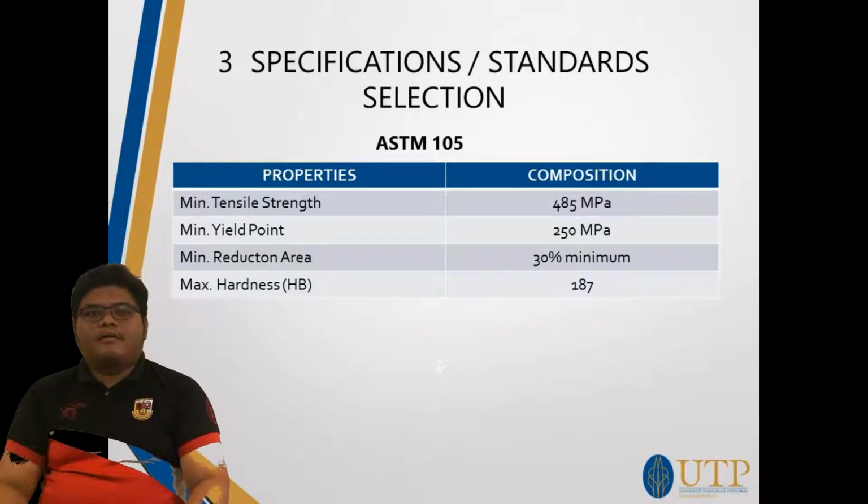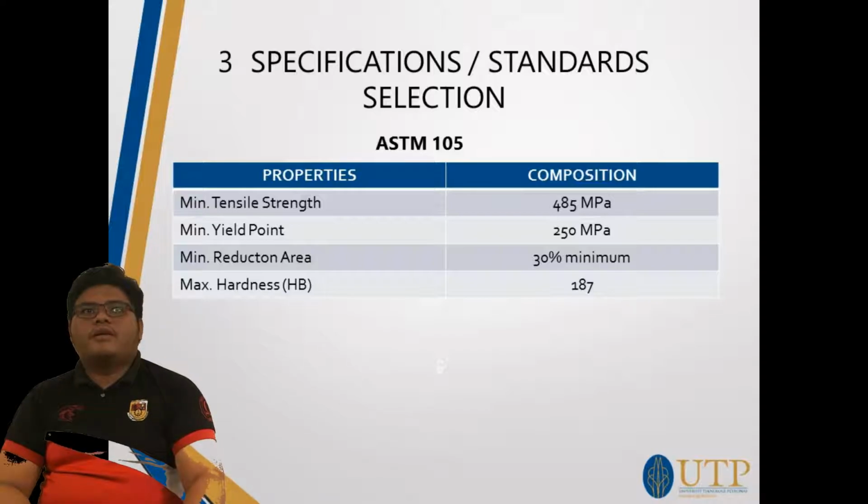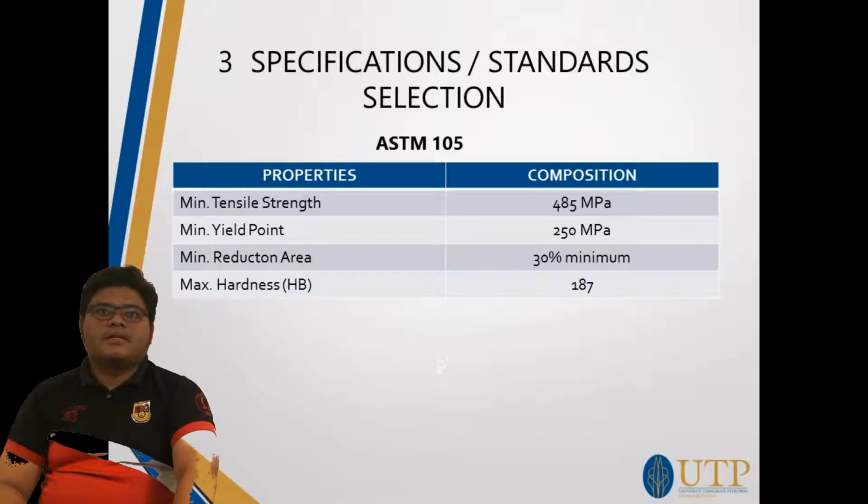When these elements mix, it produces a minimum tensile strength of 485 megapascal, a minimum yield point of 250 megapascal, thus producing a minimum reduction of area of 30% and a maximum hardness of 187.